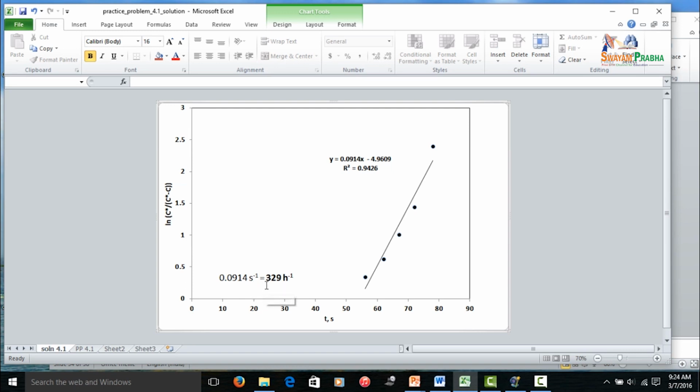That's easy to make sense because we normally look at KLa values on a per hour basis. On a per hour basis, this turns out to be the per second value into 3600, or 329 hour inverse. That's quite a large KLa for this reactor, but that's what it is. Okay, so that is the solution to the problem.